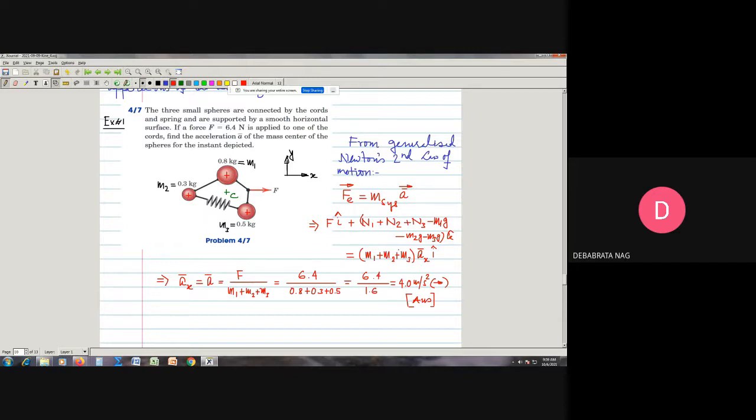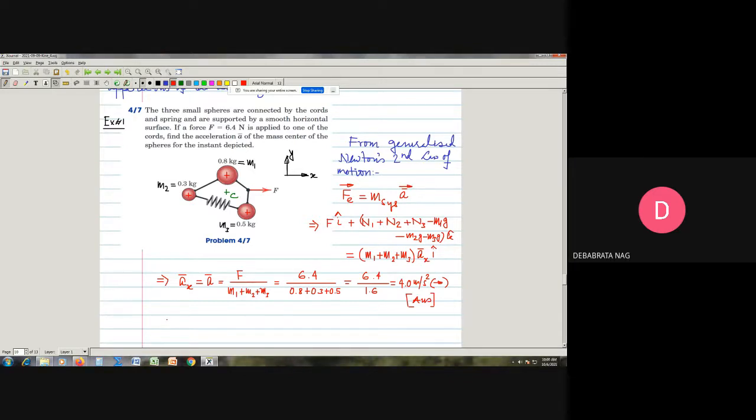That means we take only the i component of the forces from both sides of this vector equation and can thus write it as 6.4 divided by 0.8 plus 0.3 plus 0.5, which happens to be 1.6 kg. That will be the total mass of the system, and 6.4 divided by 1.6 obviously gives us the acceleration of the center of mass as 4 meter per second square, in the positive direction.